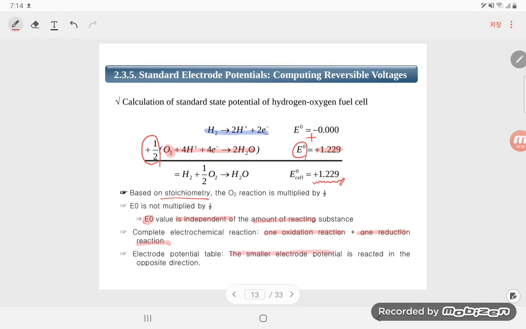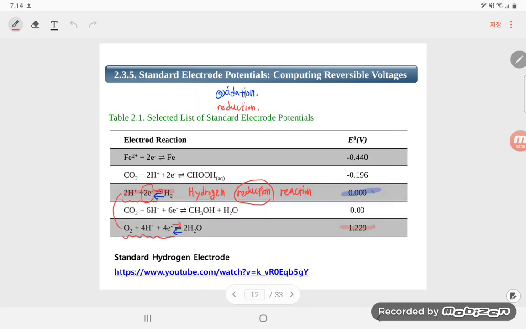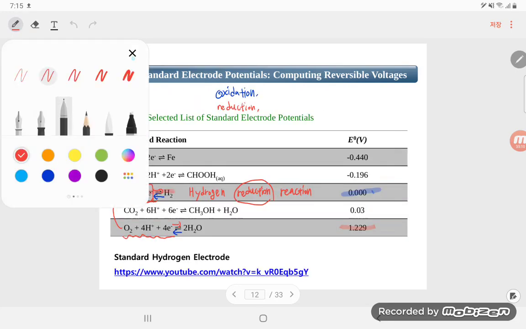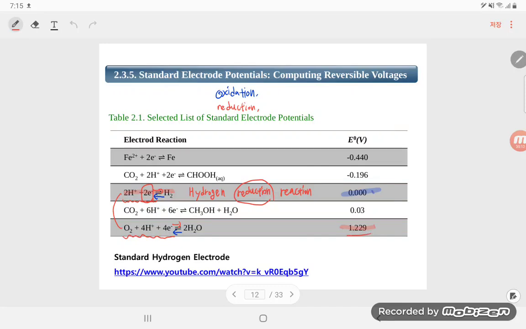Okay, and this is important. If the smaller electrode potential is reacted in the opposite direction. Okay, if this value is higher, then that is a stronger electric potential than the other reaction. That means if we compare here, 1.229 is larger than the 0, right?